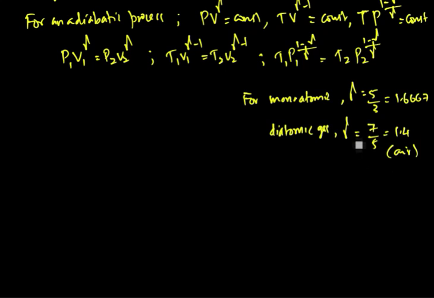For air also we take gamma is equal to 1.4. Then for a polyatomic gas, gamma is equal to 4 by 3, which is equal to 1.3333, and so on. So remember these values for doing the problems. For monatomic gas, gamma is 5 by 3. For diatomic gas and air, it is 7 by 5, and for polyatomic gas it is 4 by 3.